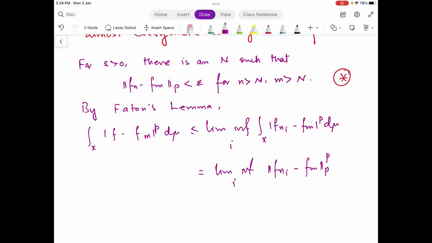Now apply star. Because of star, this will be epsilon to the power p. We are done. So f minus fm belongs to LP for, in fact, any m greater than N.